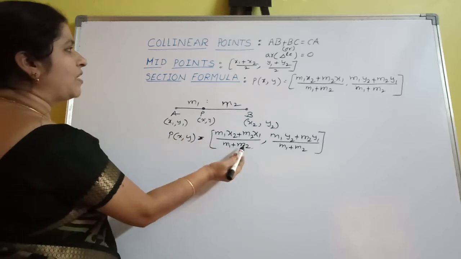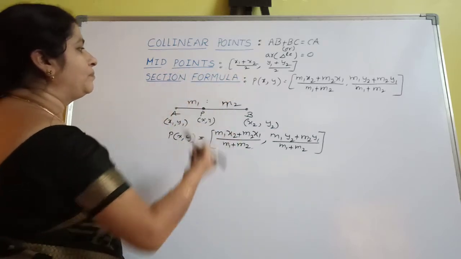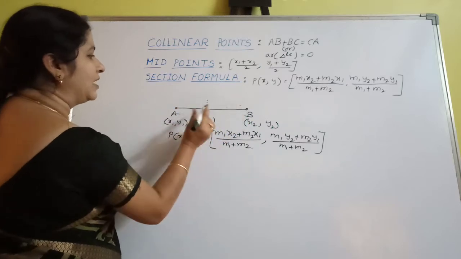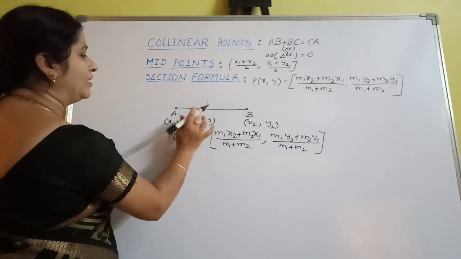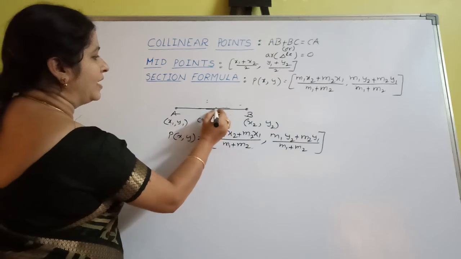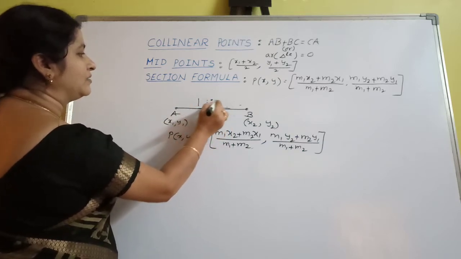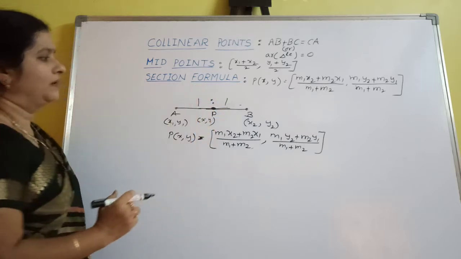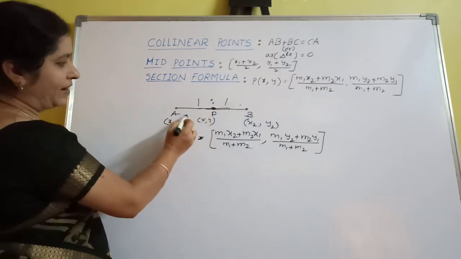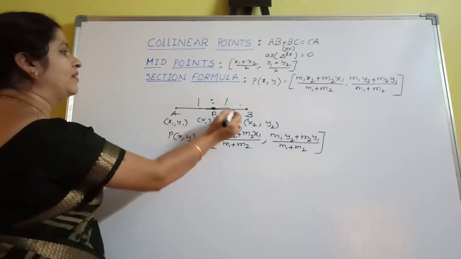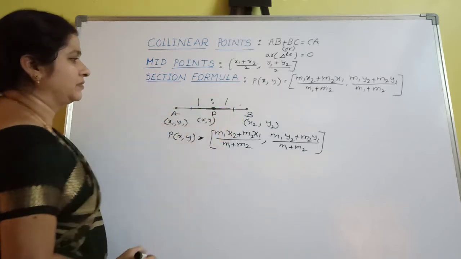So by using this formula, how can you find the midpoint? What can we say? Midpoint means it divides the line segment into two equal parts, means 1:1 ratio. These two are equal parts.